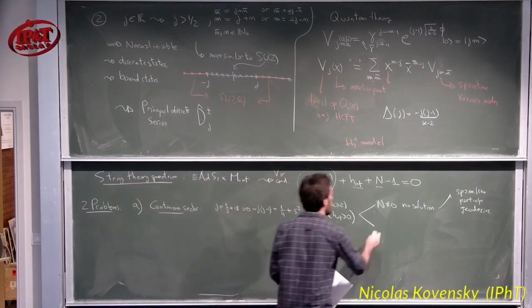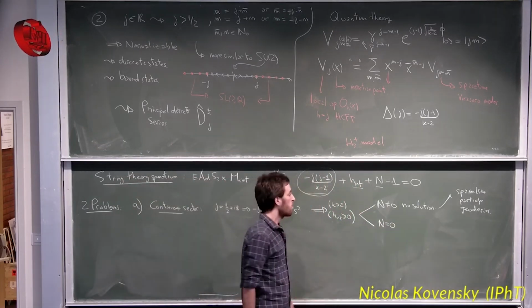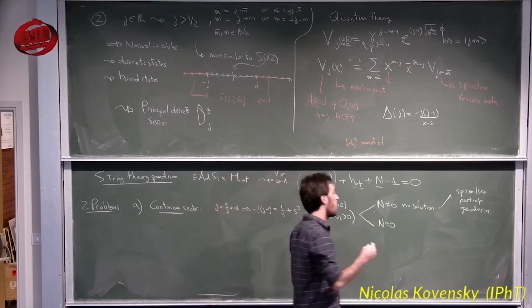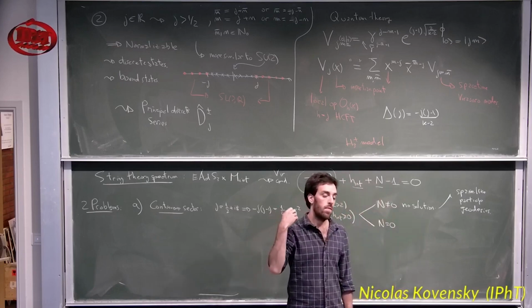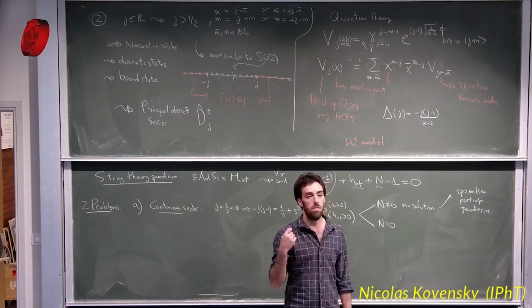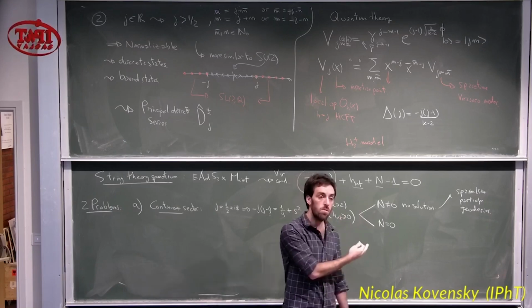And also at n equals 0, you might say, okay, maybe there's a state there. But what happens is that if you go back to the Laplacian equation and you look at the mass, and now instead of looking at it in units of alpha prime, which is what I was doing, you look at it in units of the AdS radius, where the square of the radius is k.